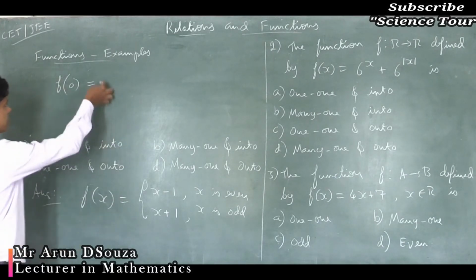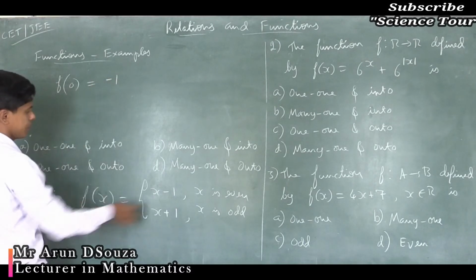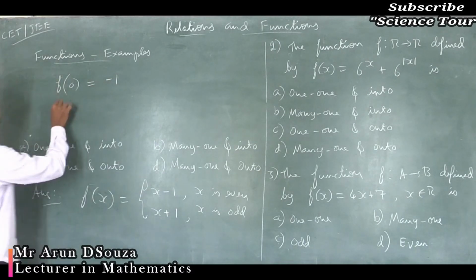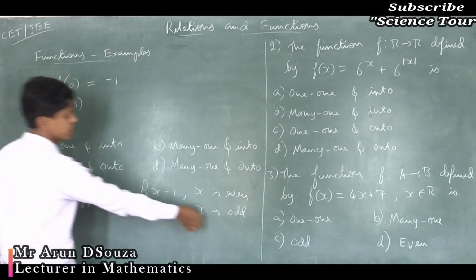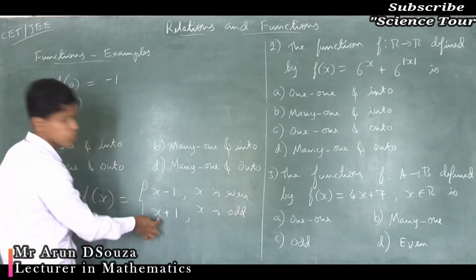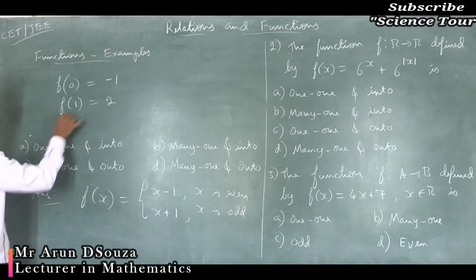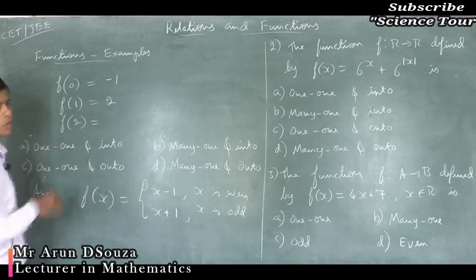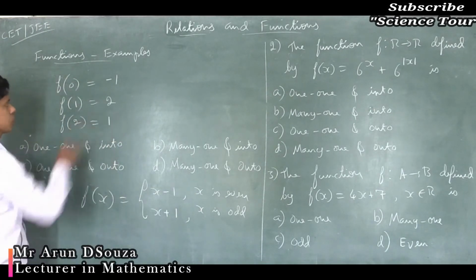So what will happen if x is 0? All right. So you will get 0 minus 1, which is minus 1, right? And if you have 1, that means x is 1, which is odd, therefore you put 1 there, 1 plus 1, it will be 2. And if you go on like this, let's put 2 here. Okay, so 2 is even, so 2 minus 1, which will be 1.